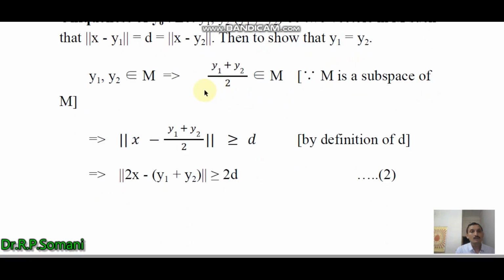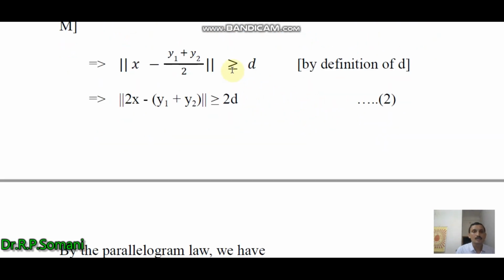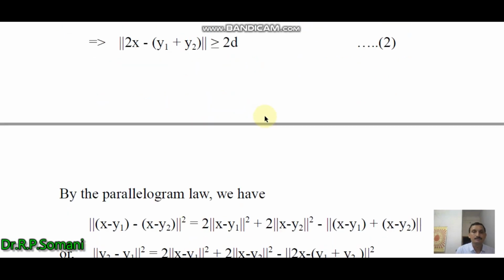Now y1, y2 belong to M, therefore (y1 plus y2)/2 belongs to M because M is a subspace. So then this implies norm x minus (y1 plus y2)/2 is greater than or equal to d by definition of d. Then we take 2 outside, so we obtain norm 2x minus (y1 plus y2) is greater than or equal to 2d.